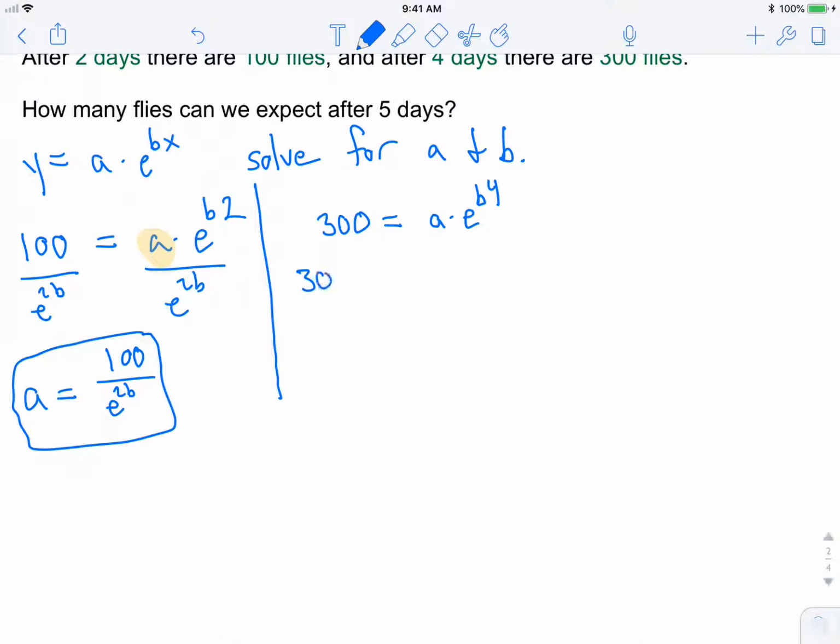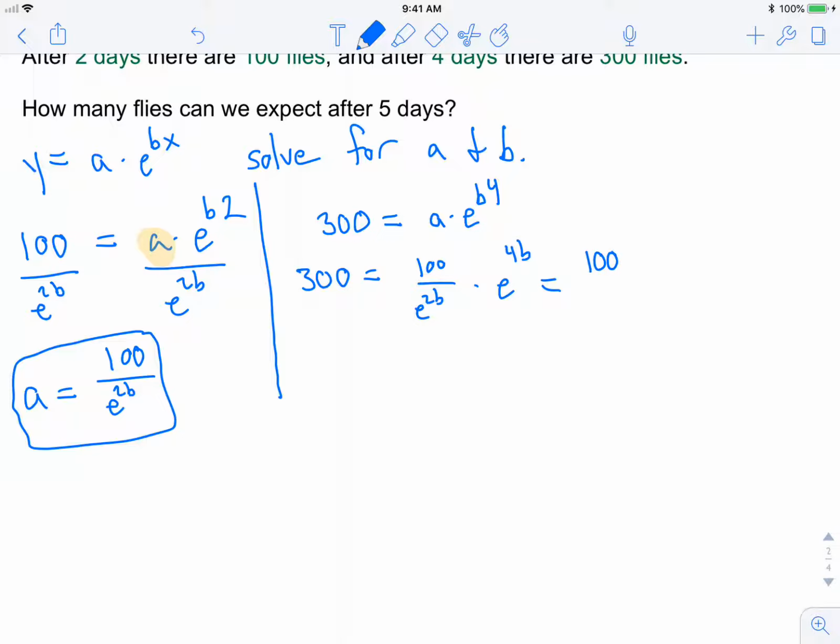So equation 2 says 300 times a, but instead of a, it's 100 divided by e to the 2b, times e to the 4b, should be 300. And if we combine top and bottom here, we have 100 e to the 4b divided by e to the 2b, should be 300.